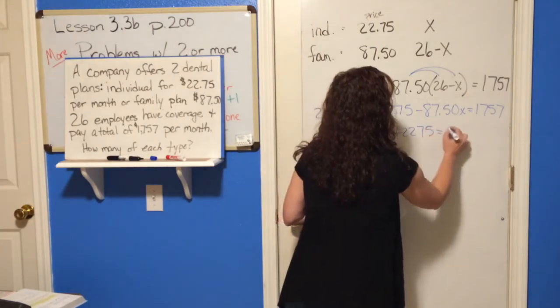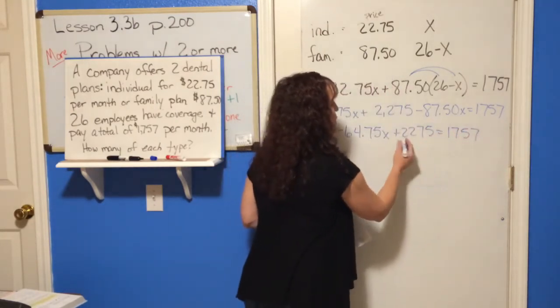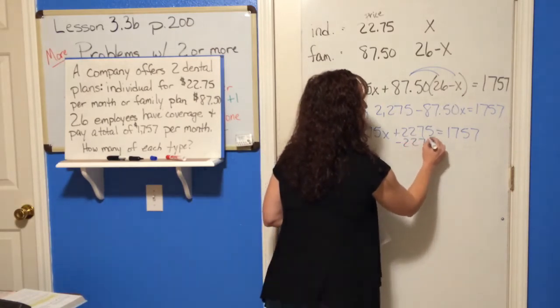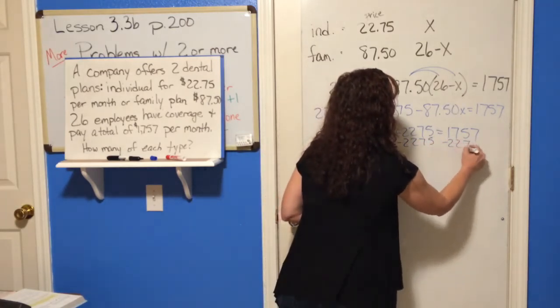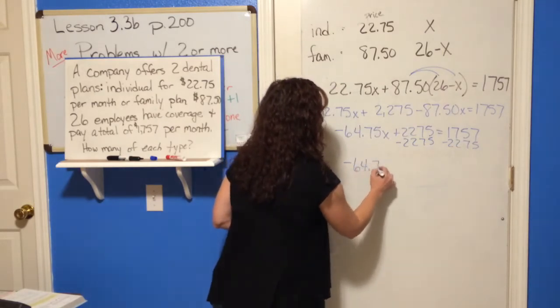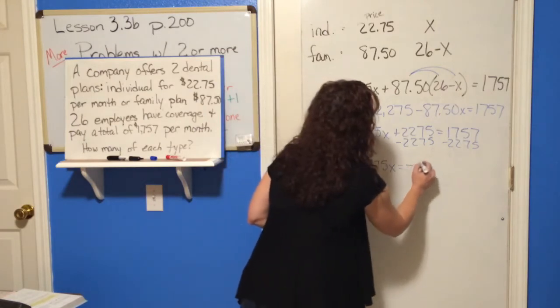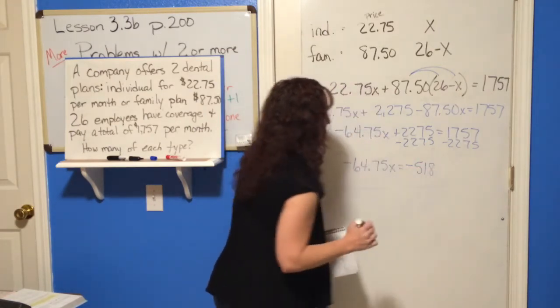But that's going to be okay, relax. We can deal with negatives because we're going to subtract the 2275 from both sides. And when we do that, we get a negative number on the other side, negative 518.